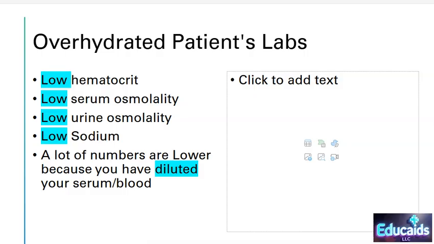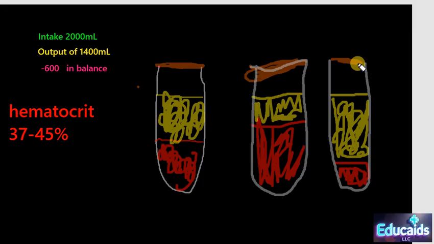So coming back over here to our blood samples, as you can see, all of our blood samples are the same amount of sample, and our hematocrit varies depending on how hydrated or dehydrated the patient is. And we look at hematocrit, not so much hemoglobin, because it's a percentage in regards to fluid balance.